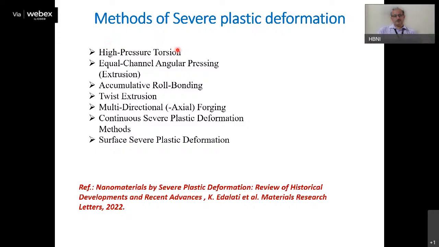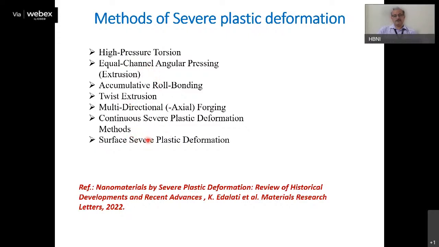Other than this high pressure torsion, there are other methods which are important from engineering point of view, material forming and forging. So like equal channel angular pressing, accumulative roll bonding, twist extrusion, multi-directional forging, continuous severe plastic deformation method, surface severe plastic deformation method. And actually, we will not talk about all these methods of severe plastic deformation.